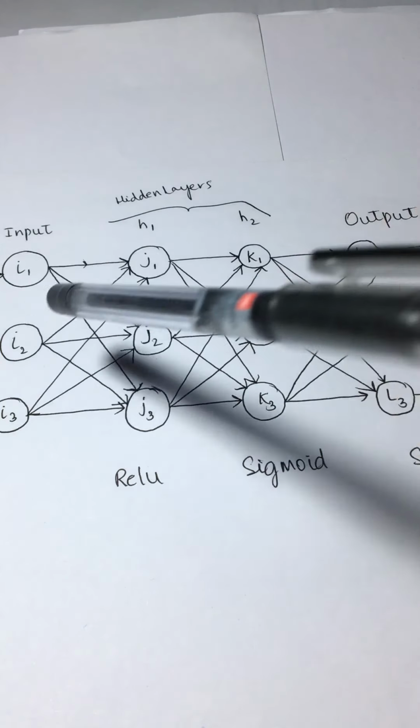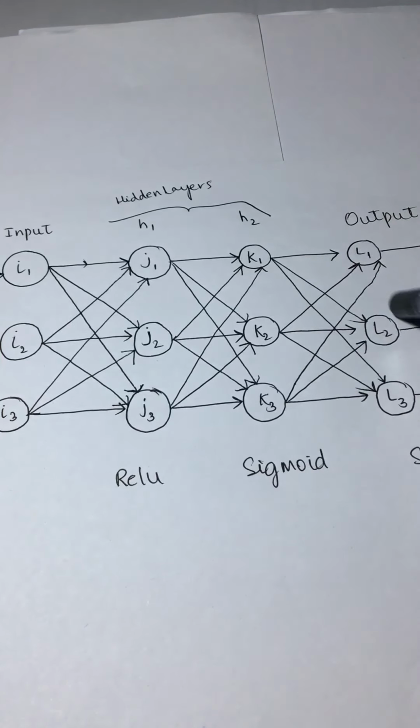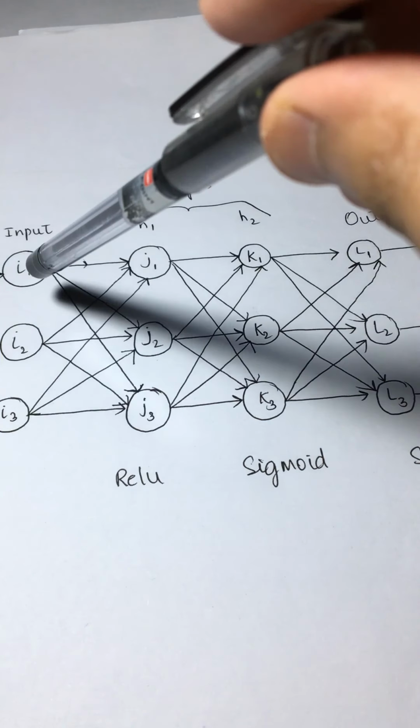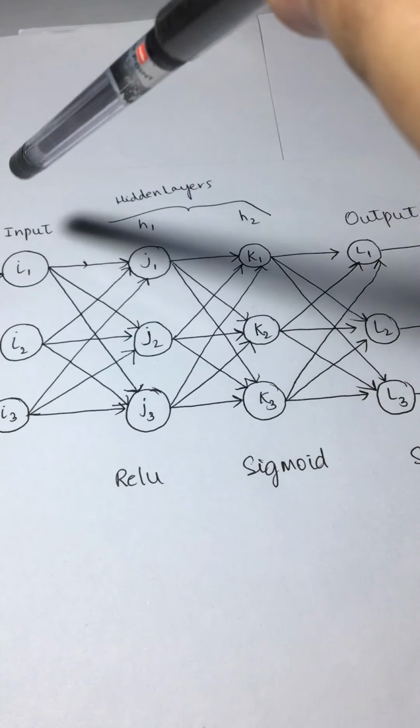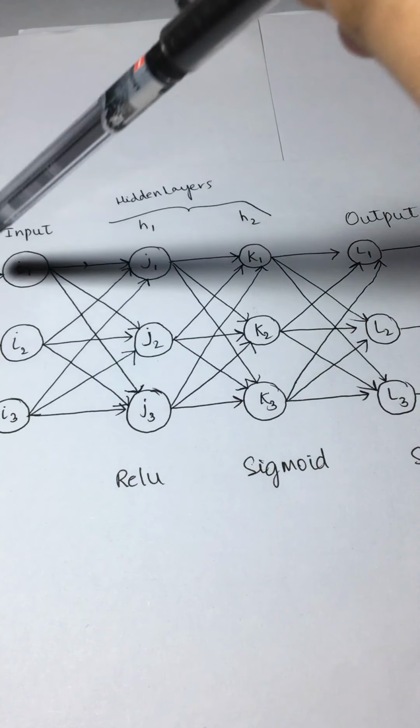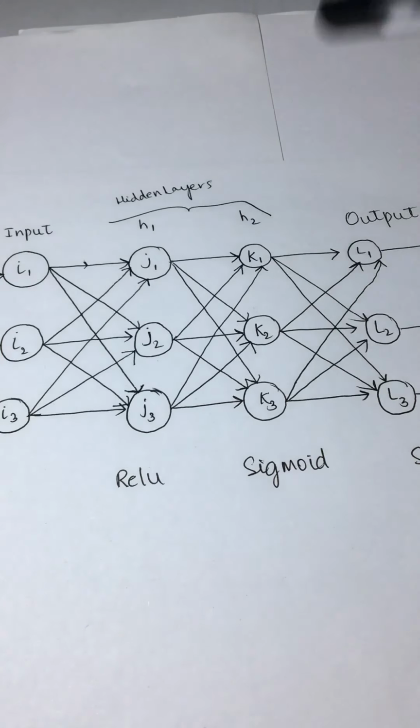Coming back, in case you're confused about these connections, the whole idea of this network is that from one node, say I1, there are three connections: I1 to J1, I1 to J2, I1 to J3.